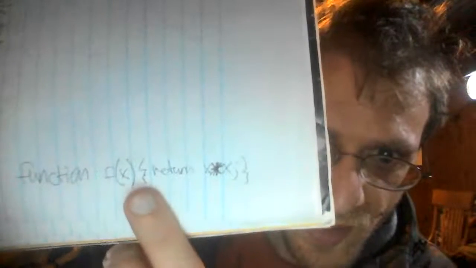Function f of x, and then this open curly bracket is how you say what you want to put inside the function. Return is another keyword that says to return whatever the function has done. At the end of the function, you want to use the return keyword.